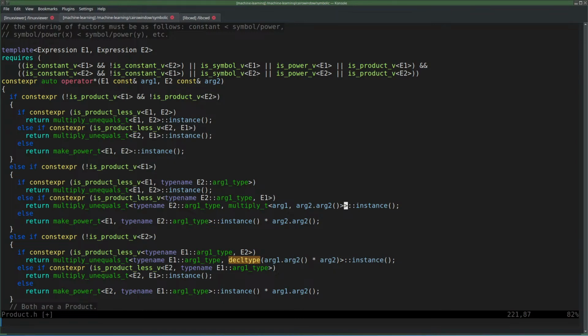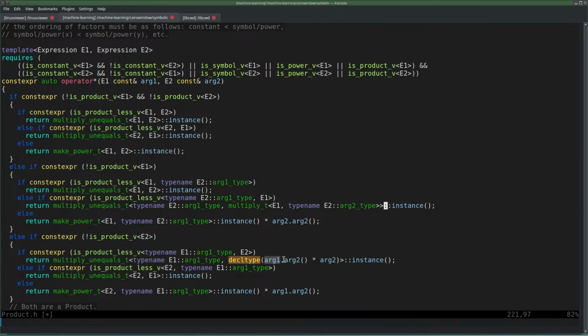So what if I want to multiply E1 with the type name of E2 arc2 type? So now I got rid of the star, I got rid of the declaration type, and we just work with types.